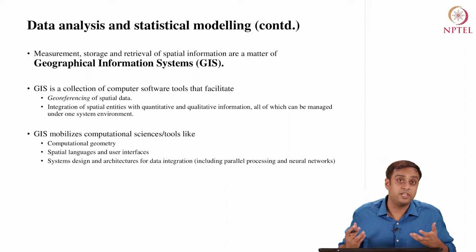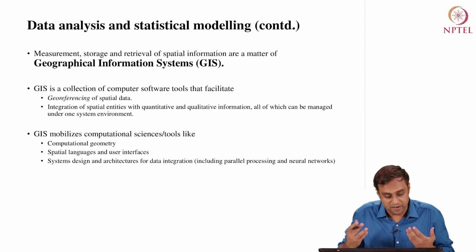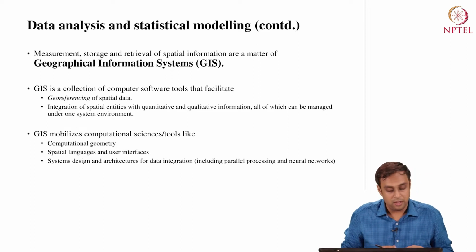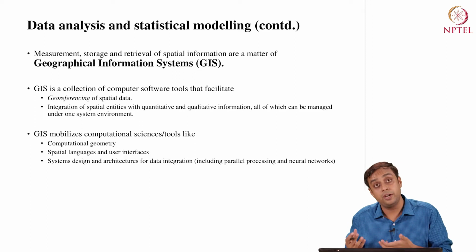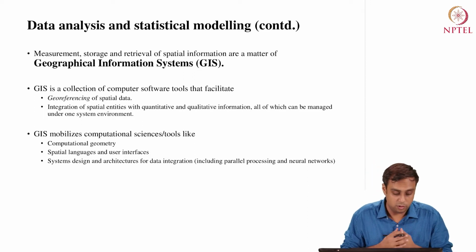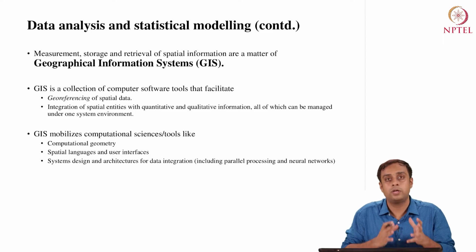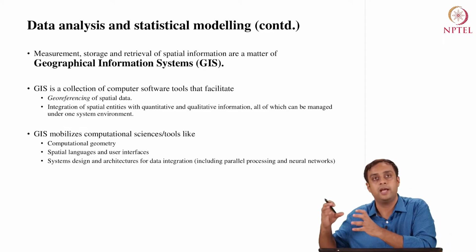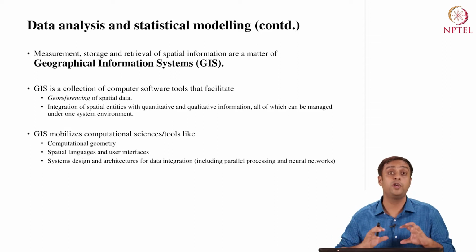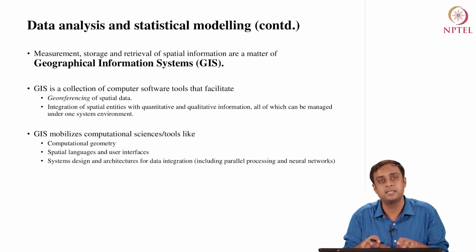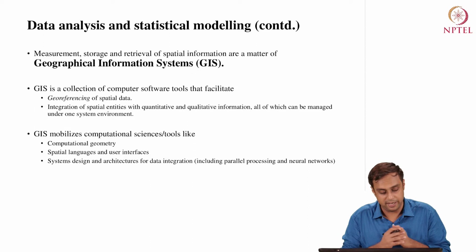It mobilizes computational sciences, specifically computational geometry, spatial languages and user interfaces, something that we will look at. All of these components we will study, but this is about management, storage, and so on. We are now going to be more concerned about the statistical characterization of these data, right?